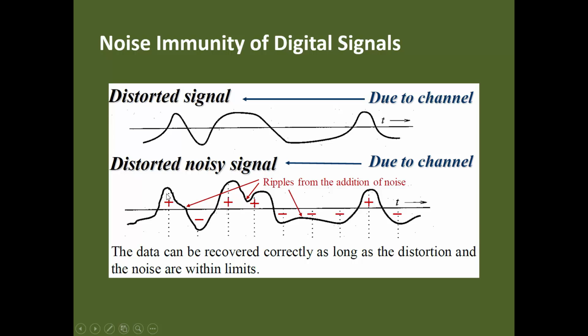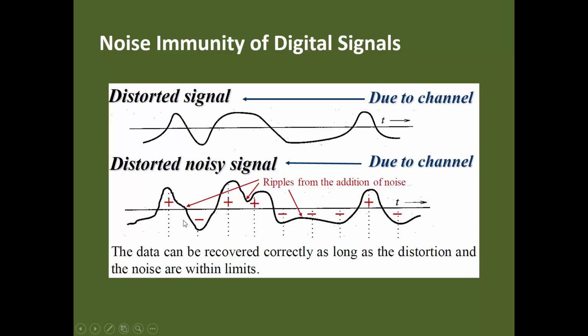And this is distortion with noise, and distortion is of course there. If you look closely, you will see that there are ripples present in the periphery of these waveforms. These represent the noise, ripples from addition of noise, right? So if this waveform is on the positive side, and this waveform is on the negative side, the data can be recovered correctly as long as distortion and the noise are within limits.